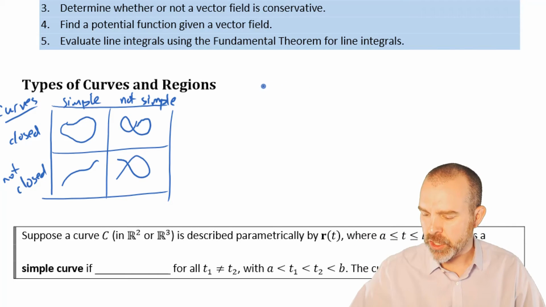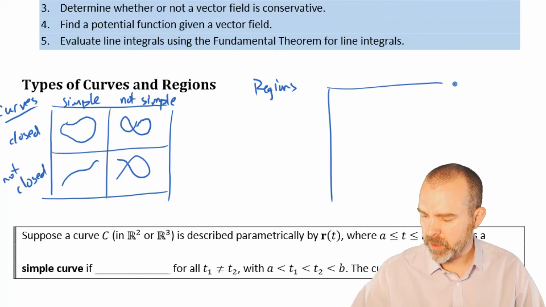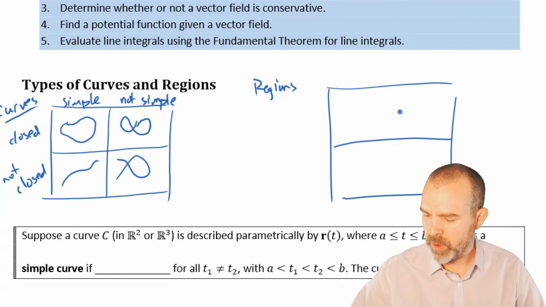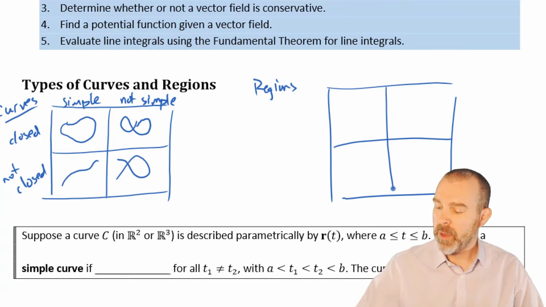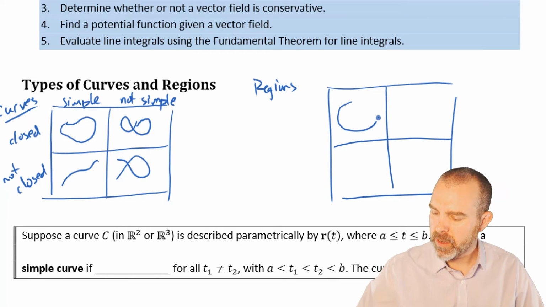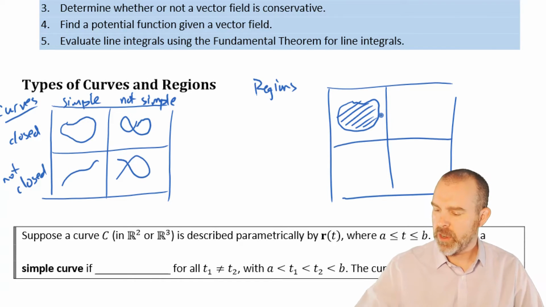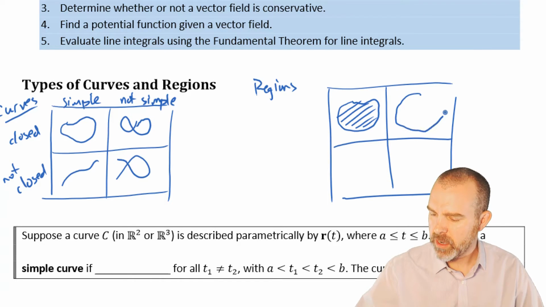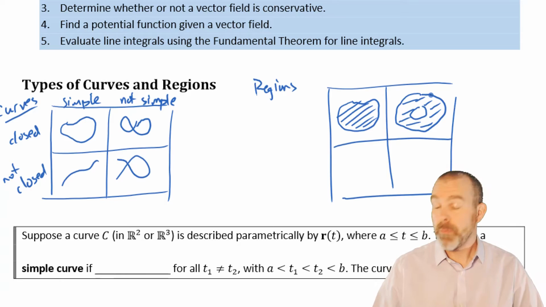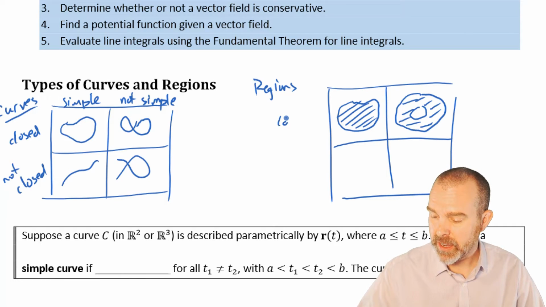And then we have regions. We'll do a little bit bigger grid over here. And we have a region like this versus a region, maybe with a hole in the middle. So these are both connected.